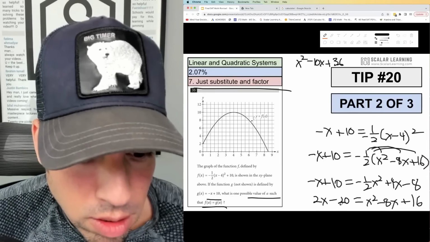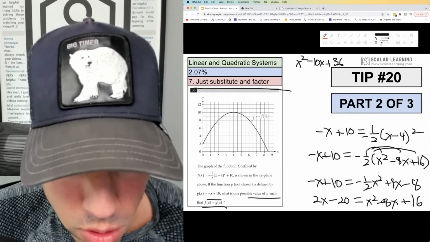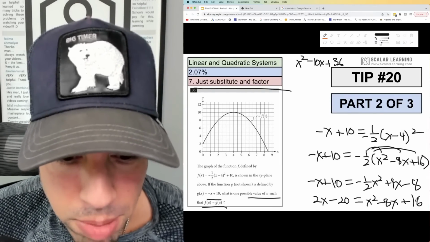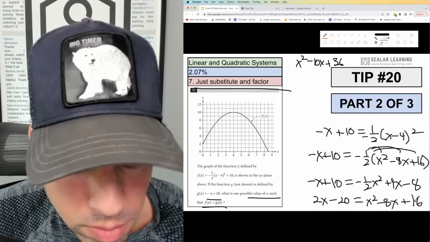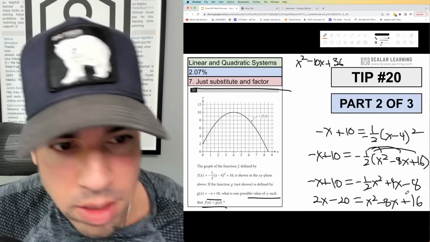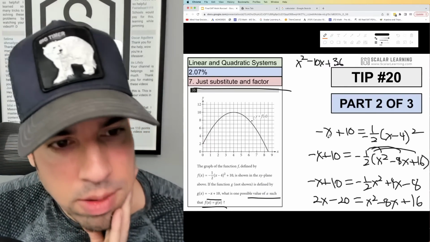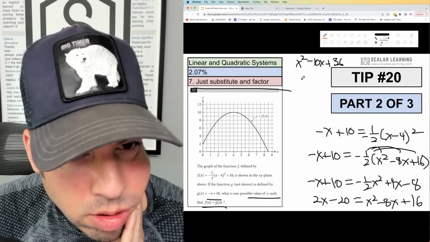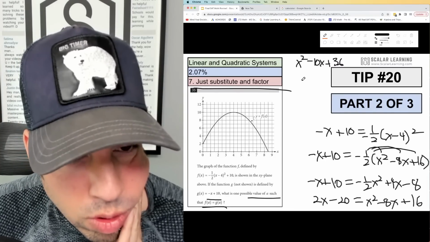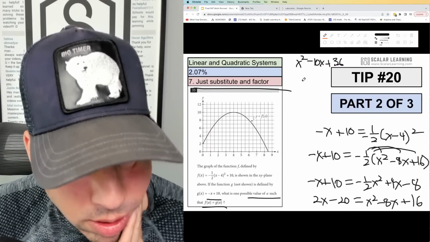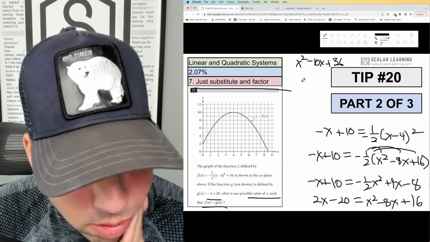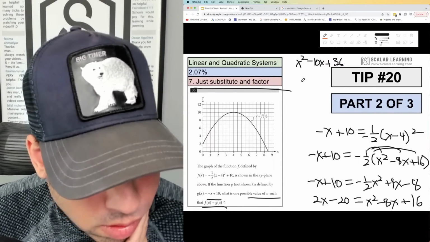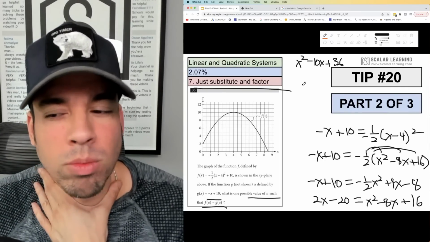So 2x, negative 20, positive x squared, negative 8x, positive 16, 36 minus 10. Yeah, I think that looks good. And then I'm just trying to factor this. Why can't I think? 12 and 3, 4 and 9, 6 and 6. Oh, it's not factorable for some reason.